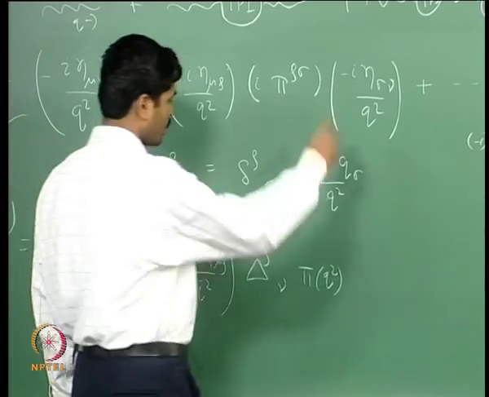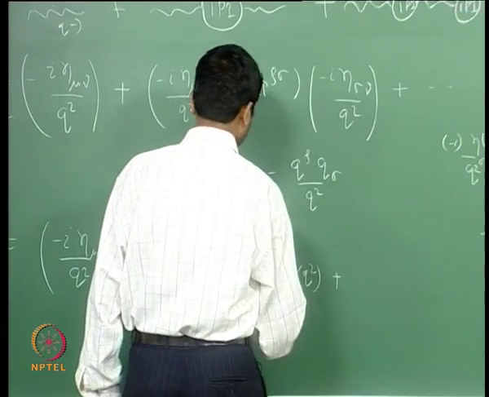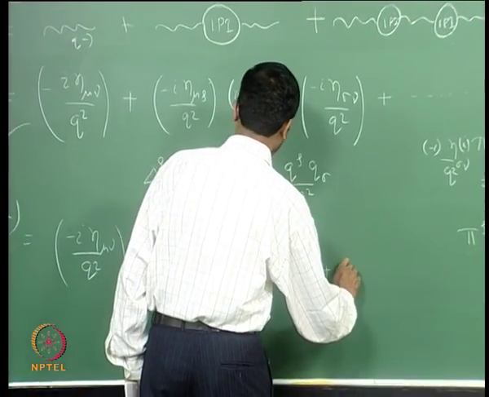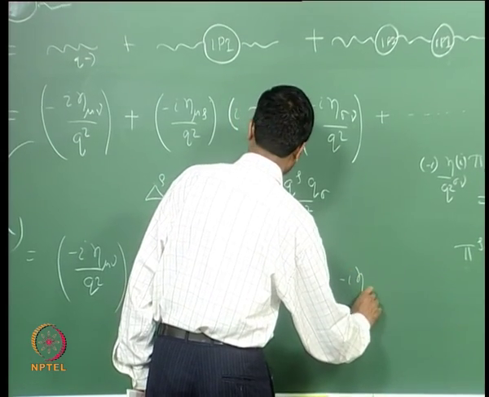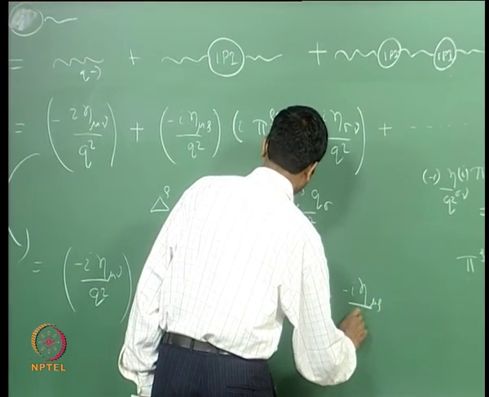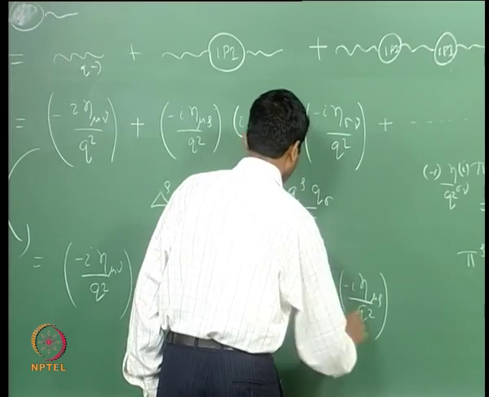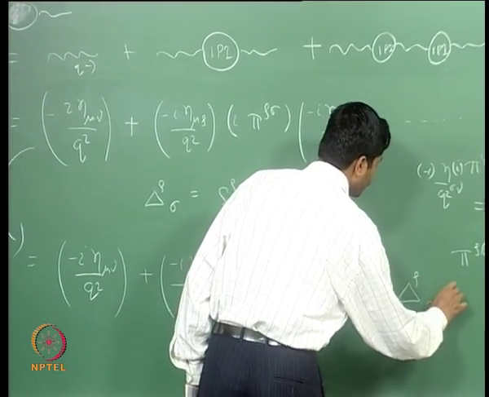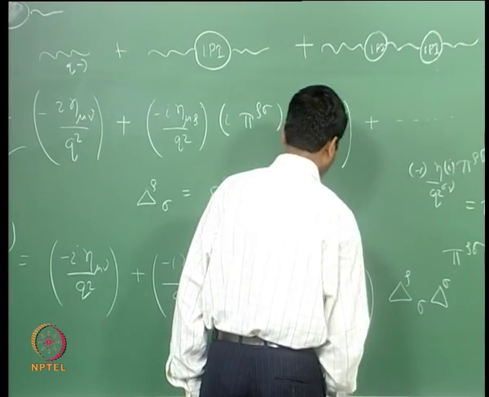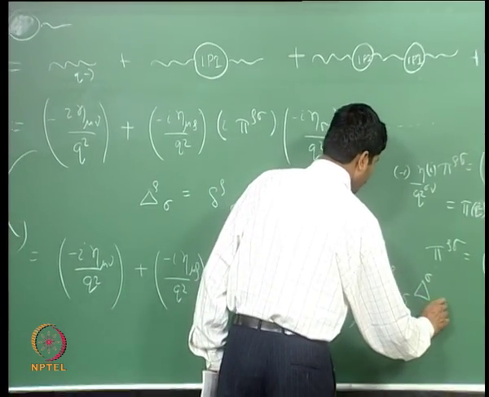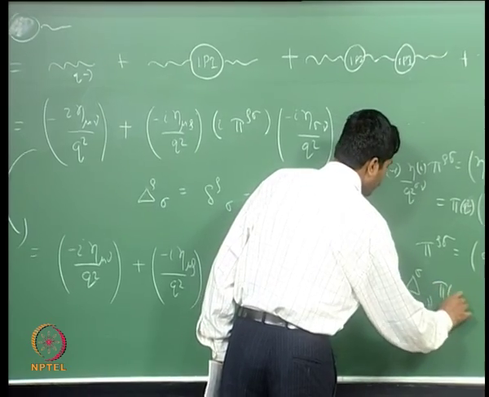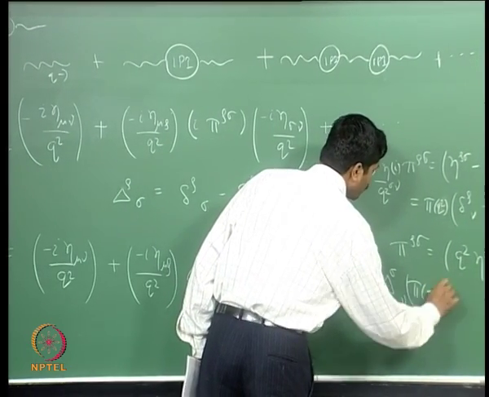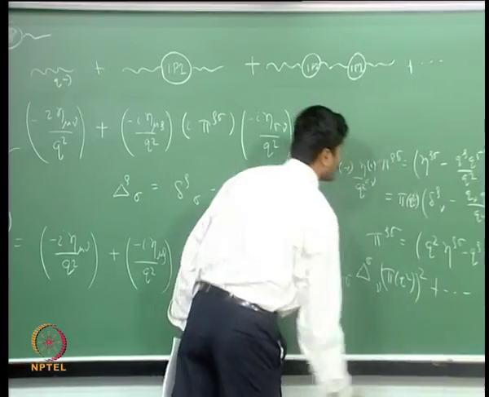The next term will again involve minus I eta mu rho divided by q square. Then you will have delta of rho sigma, delta of sigma nu, pi of q square whole square, and it will continue.